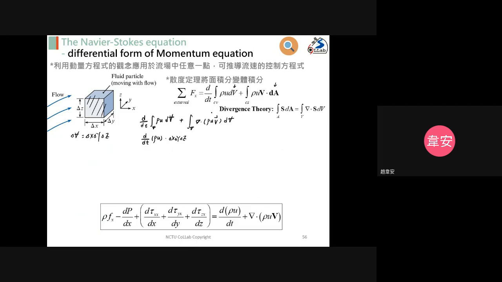And the second item on the right hand side is plus the divergence of the rho u V vector multiplied by delta x, delta y, and delta z. So we only focus on the problem with the d/dt of rho u plus the divergence of the rho u V vector, and then we take the small volume outside.